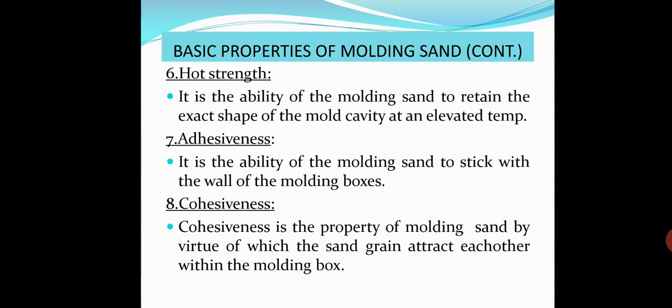Mold sand must have adhesiveness so that it will not break near the molding box. And cohesiveness is the attraction between the molecules of the same material. Cohesiveness is the property of molding sand by virtue of which the sand grains attract each other within the molding box.